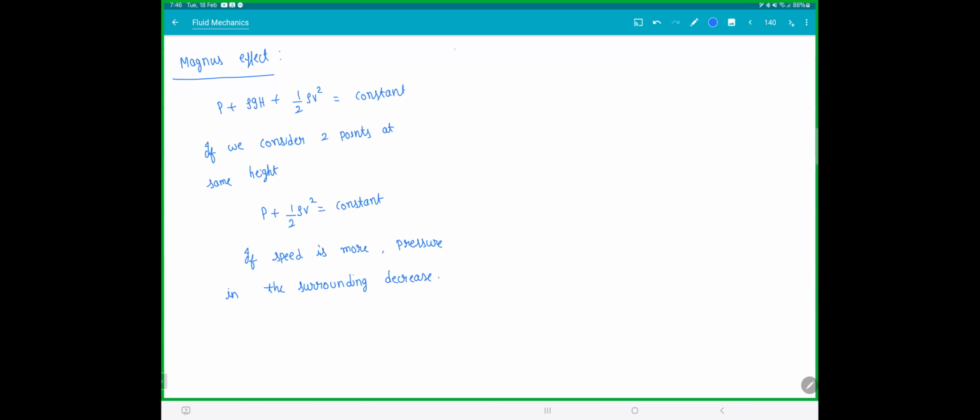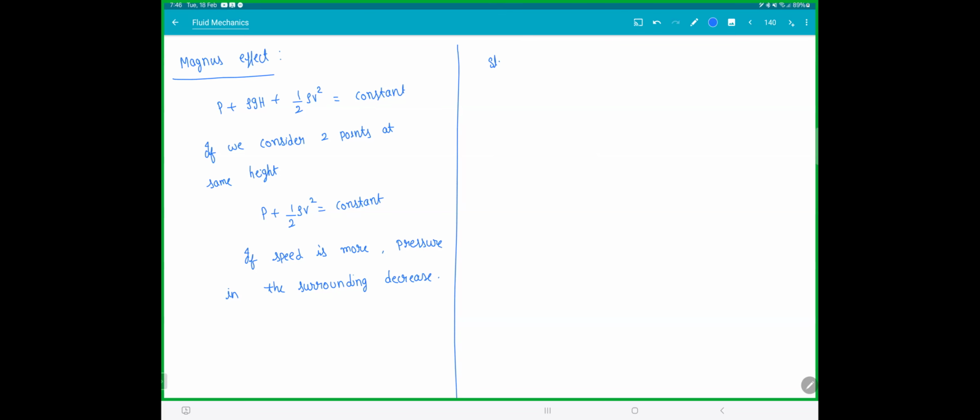Why is that happening? You need to ask yourself, what is pressure? Remember, how did we define pressure? When you put a body in a liquid or a fluid, the molecules collide with the surface, and that force per unit area is called pressure, isn't it? Now think about it.